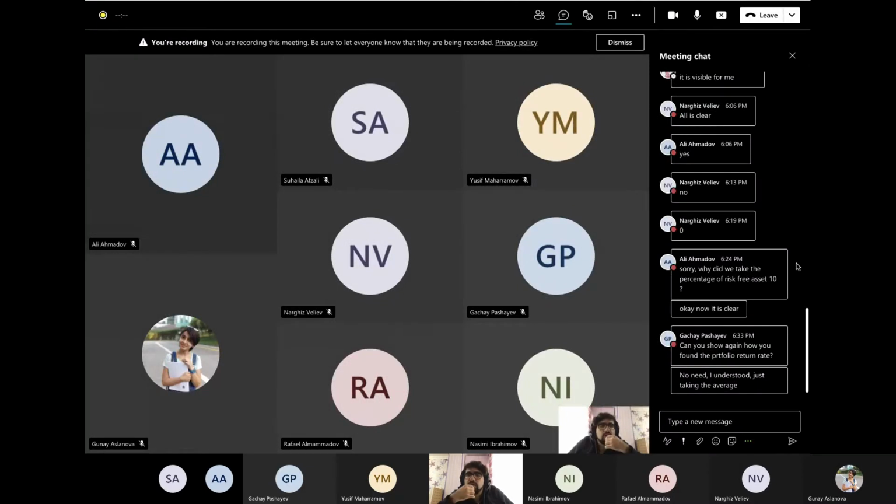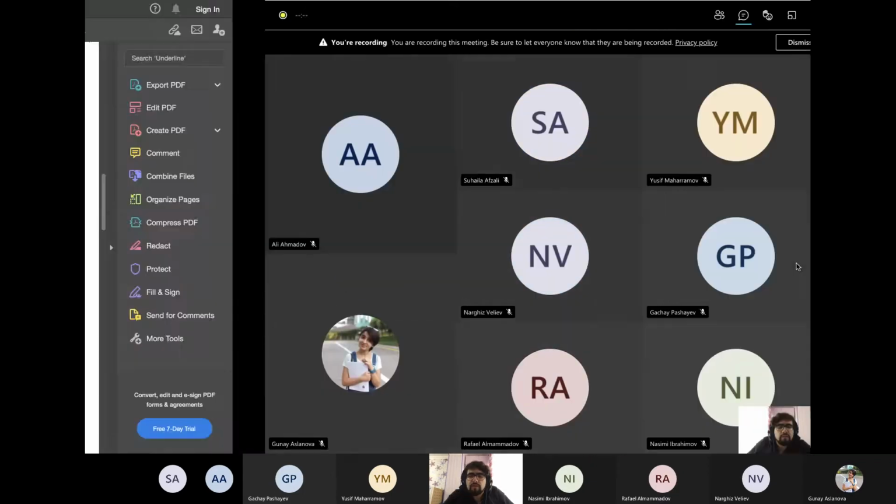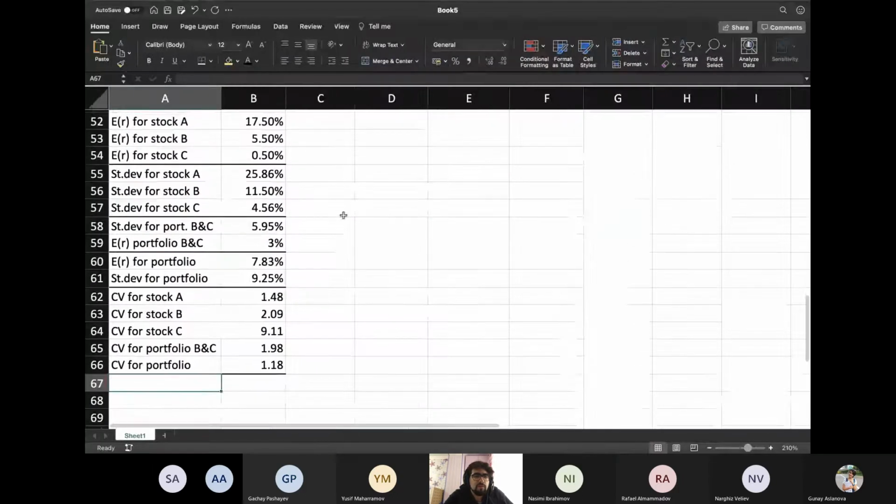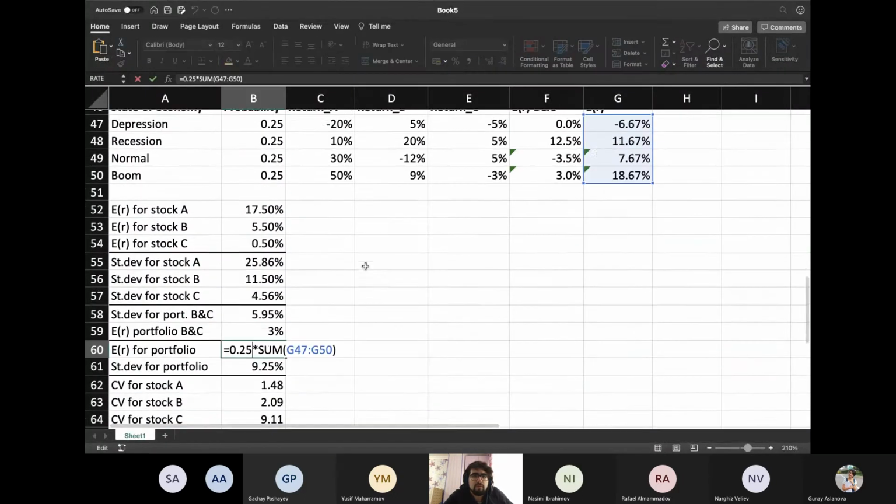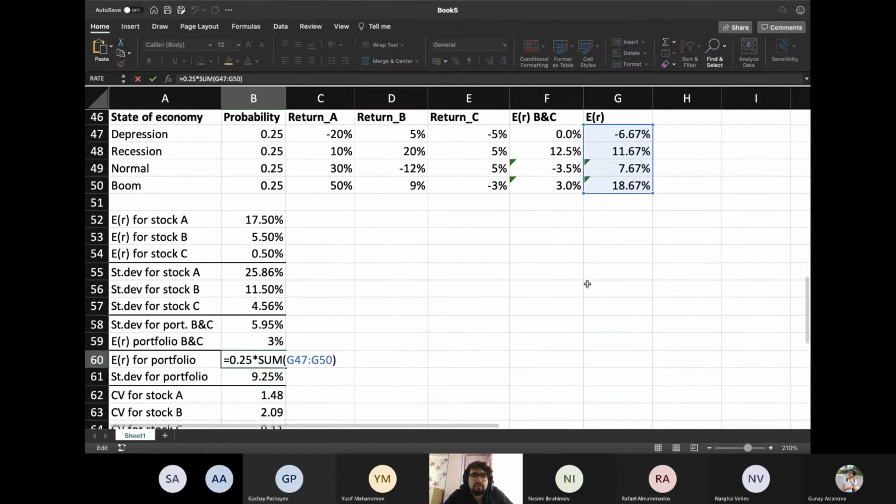Gatay, what you said, can you show again how you found the portfolio return rate? No, it's just taking the average. Portfolio return, just took the average.